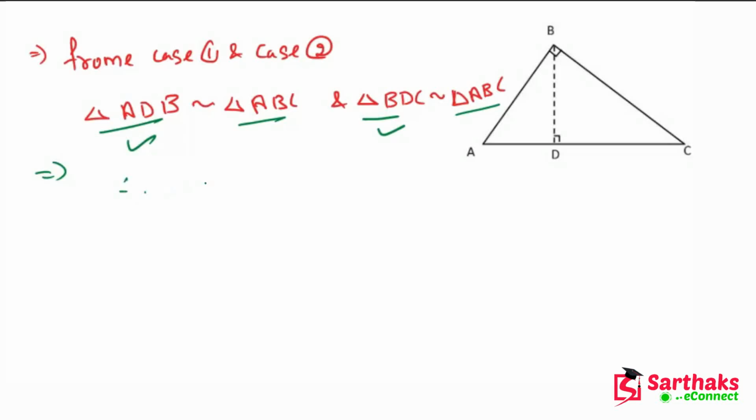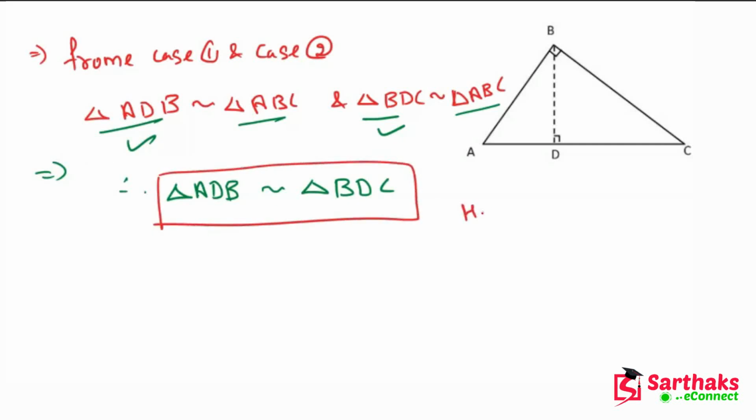So we can write it as triangle ADB is similar to triangle BDC. Hence proved.